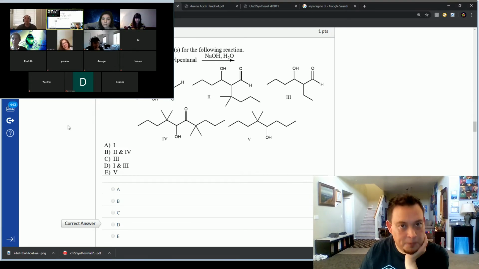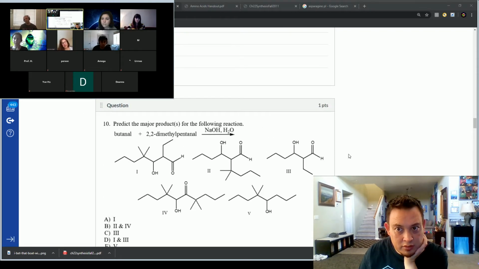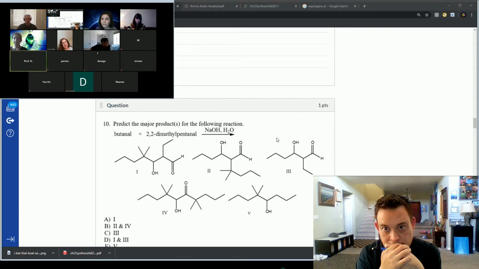That's a possibility too. Are you guys seeing that? Choice 3 is the self-aldol product with butanol. Right here, this one. In other words, there were 2 right answers, 1 and 3.